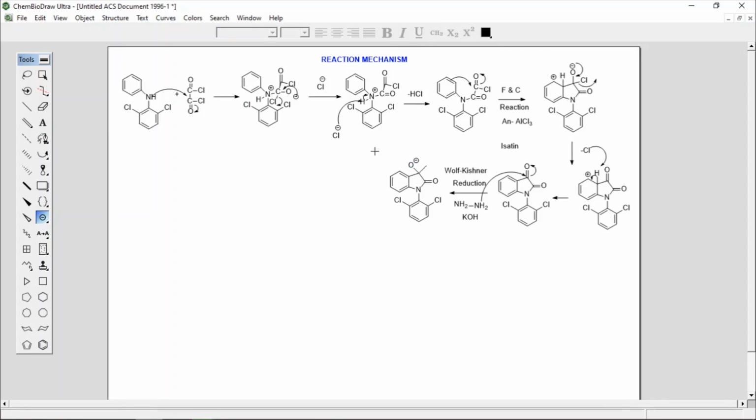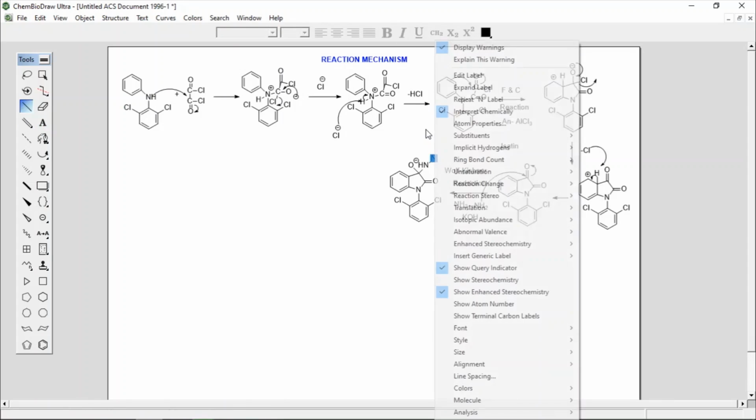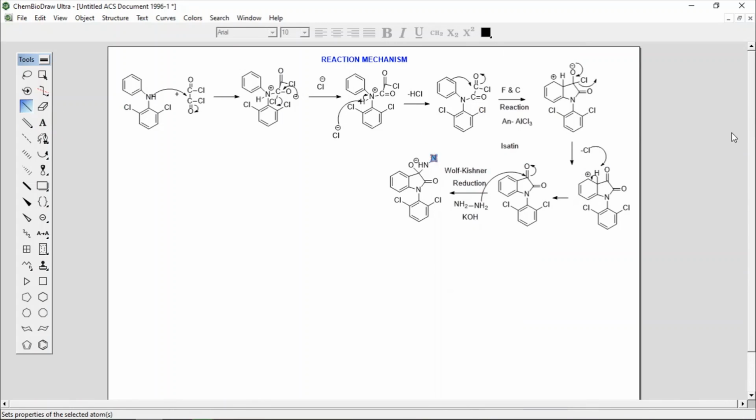So negative charge. Now here is your nitrogen, nitrogen having two hydrogens, and on this nitrogen there will be a positive charge.